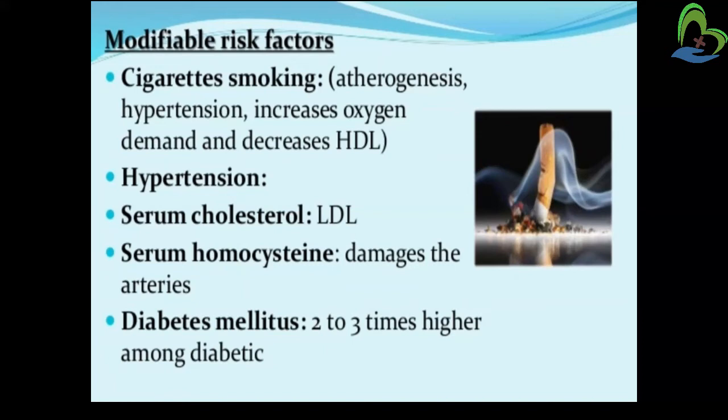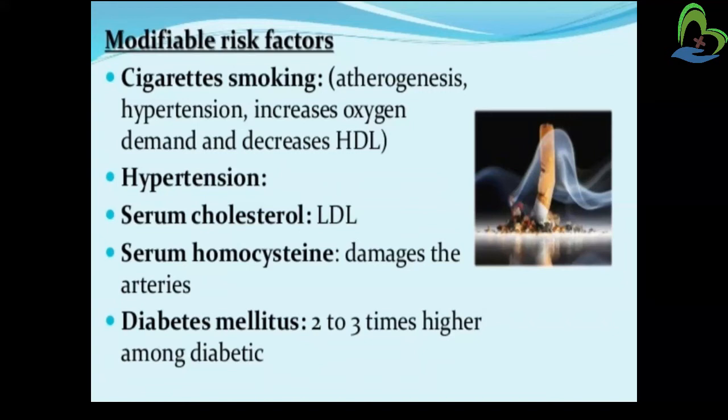Then hypertension, then serum cholesterol. If a person mainly focuses on their diet, and avoids food which has a high cholesterol level, the cholesterol level will be maintained. Like cholesterol, there is also homocysteine which damages the artery. The level of homocysteine can also be managed by a balanced diet.